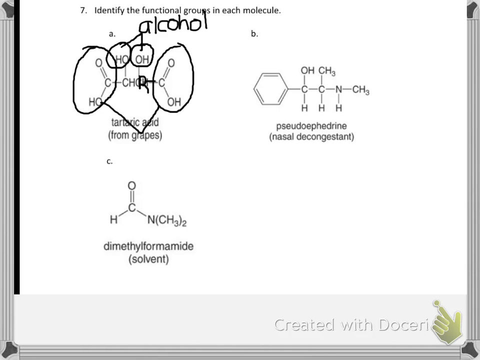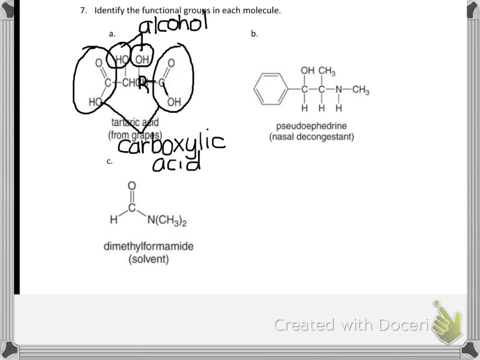It's attached to an R, and then on the other side, it's attached to an OH. So looking at the table, if you have a carbonyl, a C double bond O, and one side has an R and one side has an OH, this is called a carboxylic acid. Both of these are the same, they're just mirror images of each other.